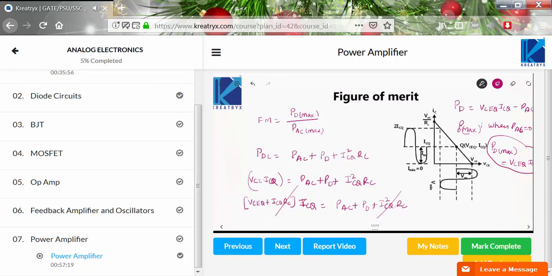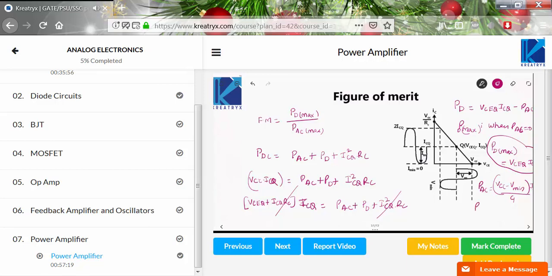Also, how to calculate P_AC here? P_AC is (V_CC minus V_min) into I_CQ by 4, right?